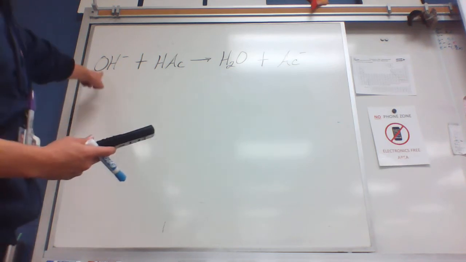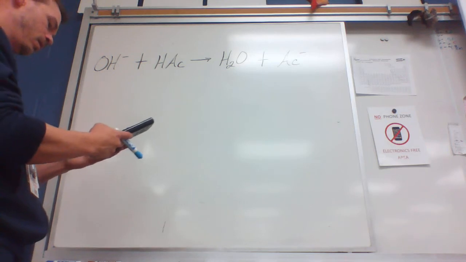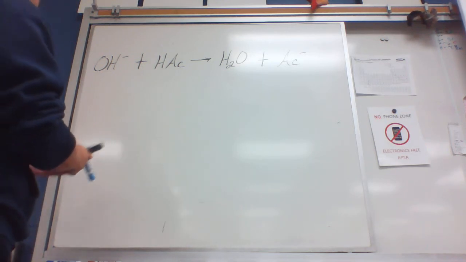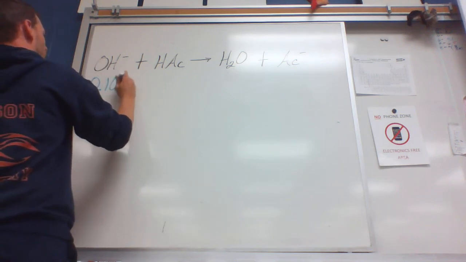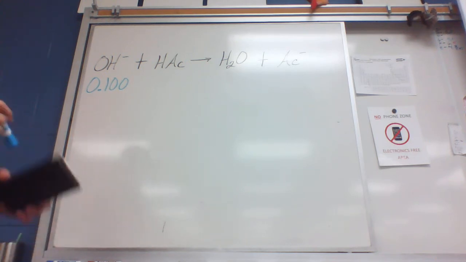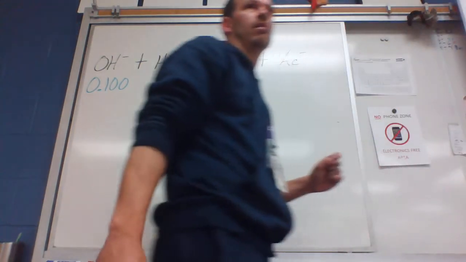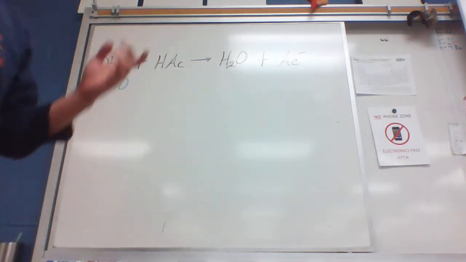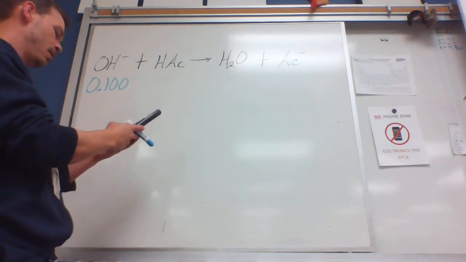For the strong base, I'm going 0.2 times 0.5. 0.2 times 0.5 is 0.1. That's my mole count of OH minus. I just multiplied those two numbers, guys. I turned that to liters times 10.